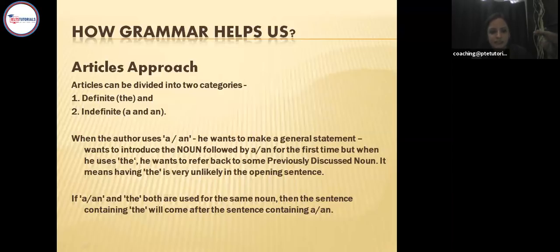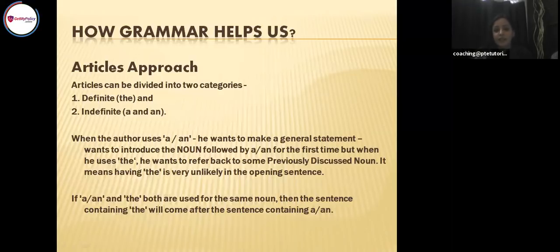I want to take one example here. In our kindergarten stage, we used to hear some story. We heard many stories, but I'm recalling only one right now. Once there was a lion in the jungle, and the lion was sitting under the tree.